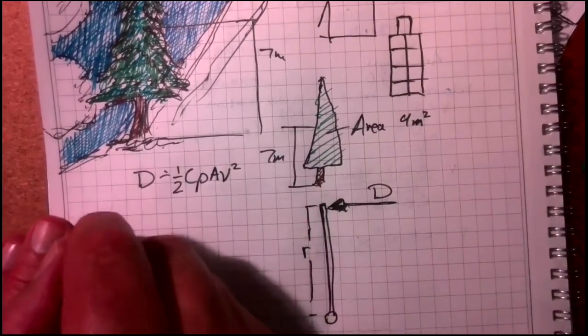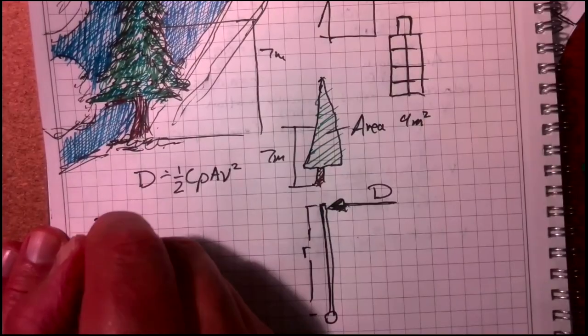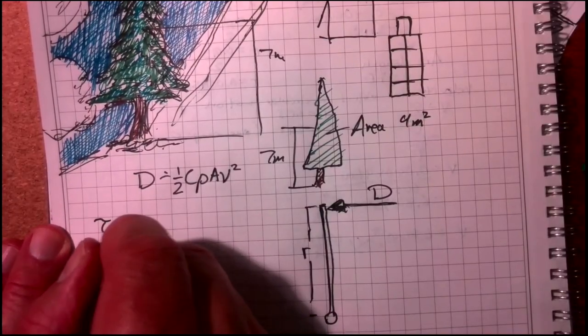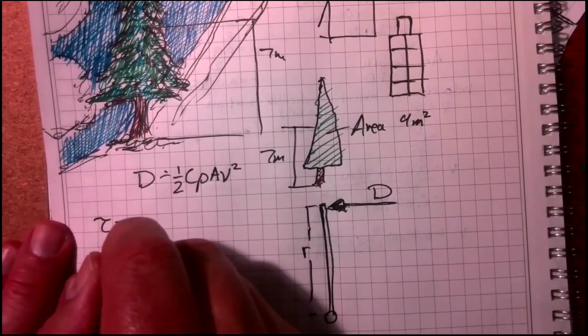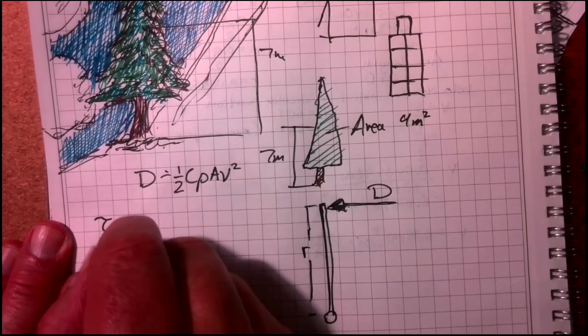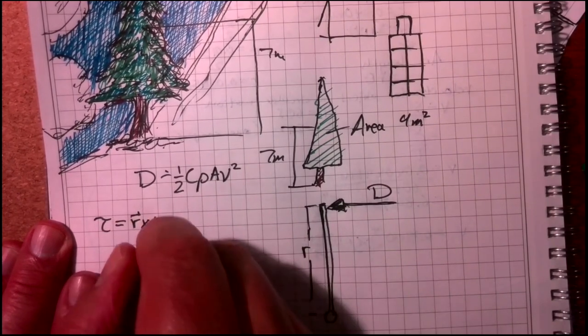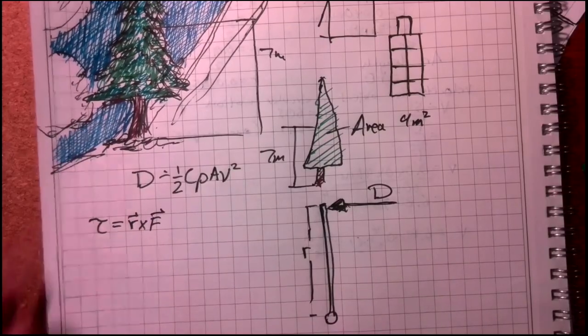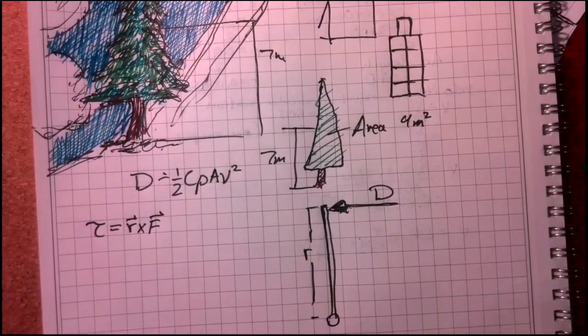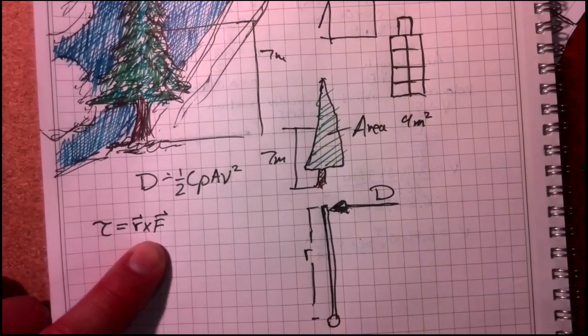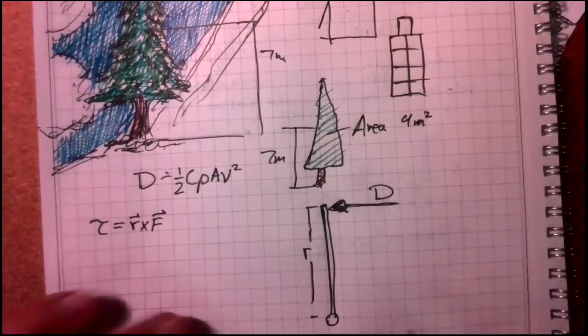Now, torque. Let's talk about the equation for torque. We're going to use the Greek letter tau, and that's going to equal our torque, which is a vector R crossed with a force, so it's R cross F. Now, we have two vectors pushing against each other.